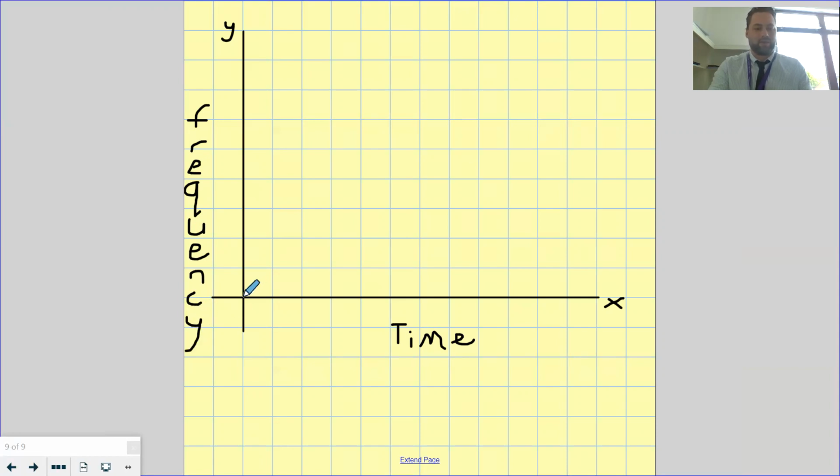Now where the axes cross here, we can put a 0, because that tells us that the frequency is 0 and the time is 0. And let's say we put a 1 there, 2, 3, 4. Now with the line graph, it's important to notice that I'm writing the numbers on the line of the graph paper, not in the square. So 6, 7, 8. Okay, and this time is in minutes. So in brackets, I write under time, minutes.